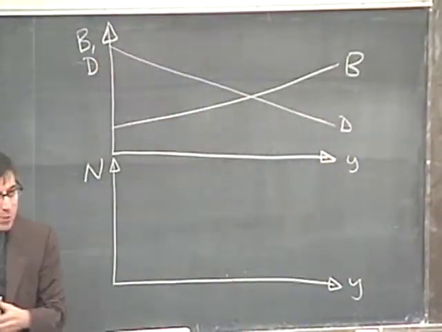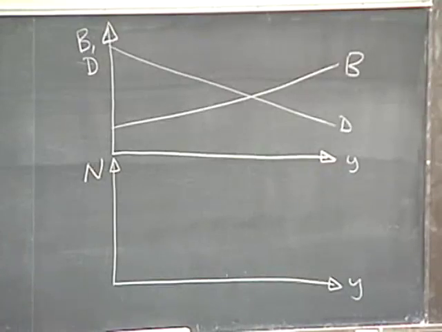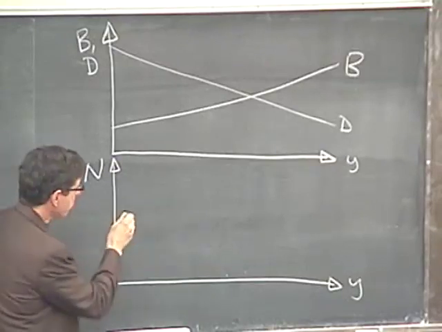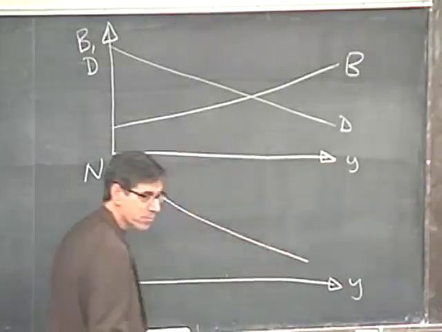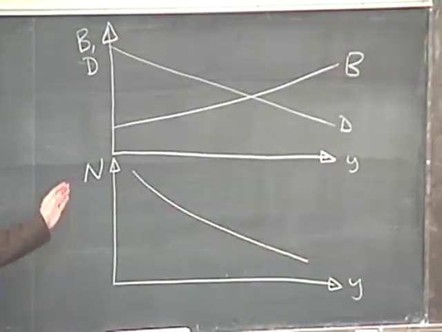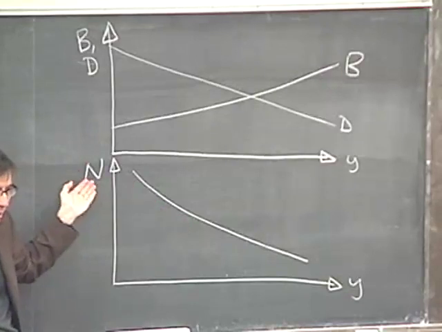There'll be a death rate schedule, a declining frequency of deaths per head of the population, again, as incomes increase. And then this third assumption, which is graphed down here, says that the relationship between population and income will look like this. It'll have this inverted shape.